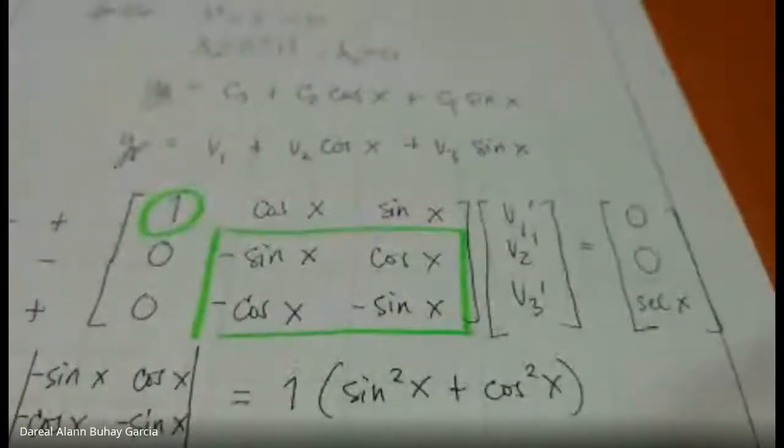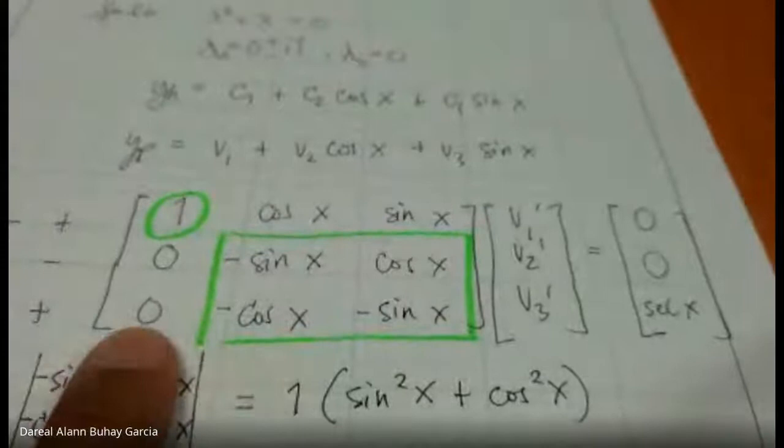Last, the determinant of v3 prime. 1, 0, 0, cosine x. Negative sine x, negative cosine x.